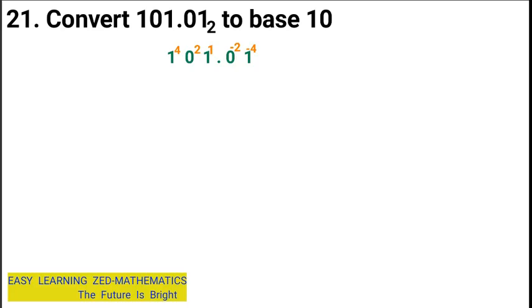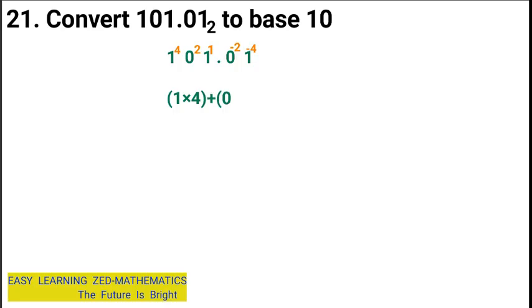So I've got 1, so I'm going to multiply 1 by its place value, which is 4. 1 multiplied by 4, plus 0 multiplied by 2, its place value, then plus 1 multiplied by 1, its place value.